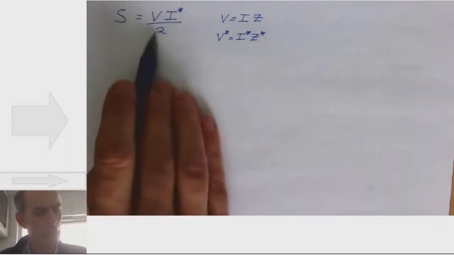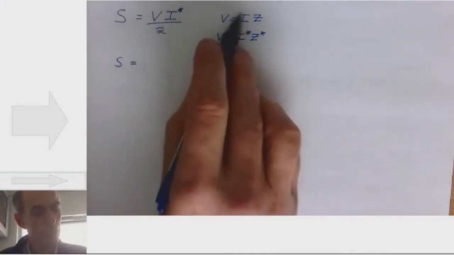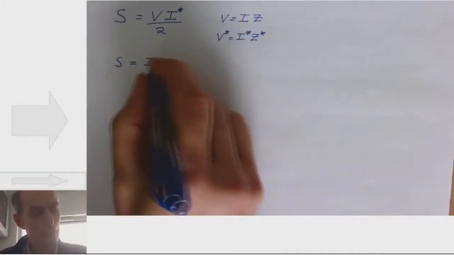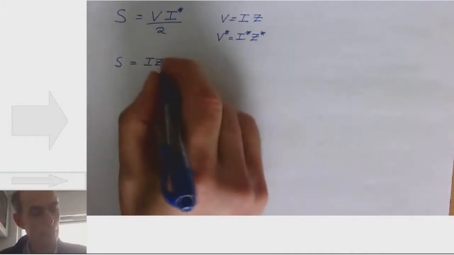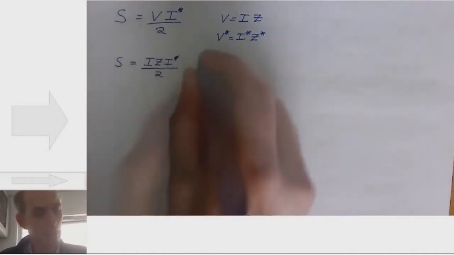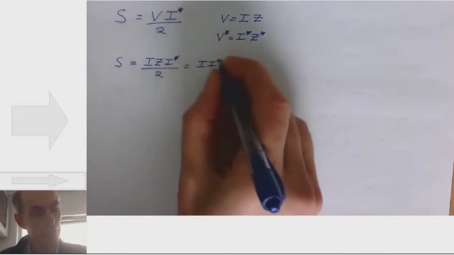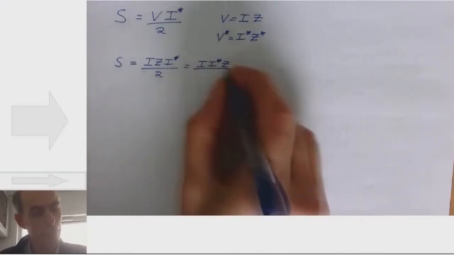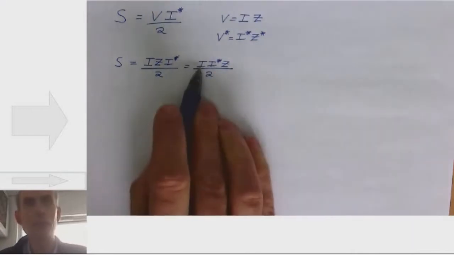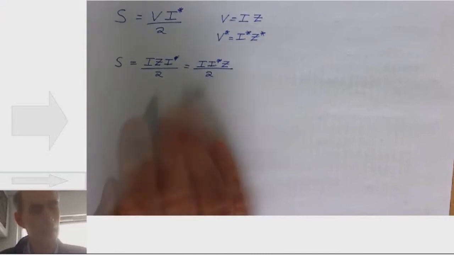If I substitute in for the V first, I get an expression for the complex power, which is S equals I Z times I complex conjugate divided by 2. That is equal to I times I complex conjugate times Z over 2. But anything multiplied by its complex conjugate is just the square of its magnitude.